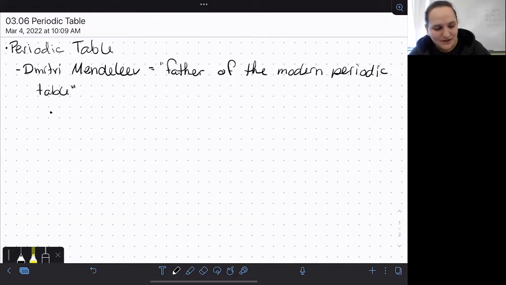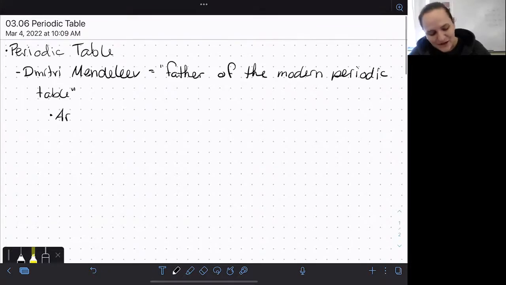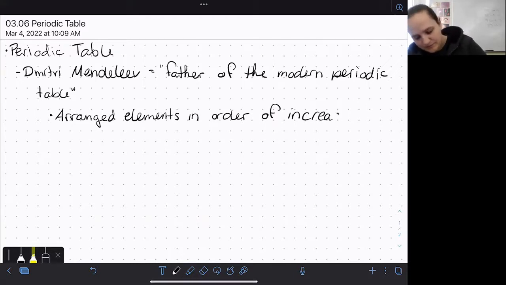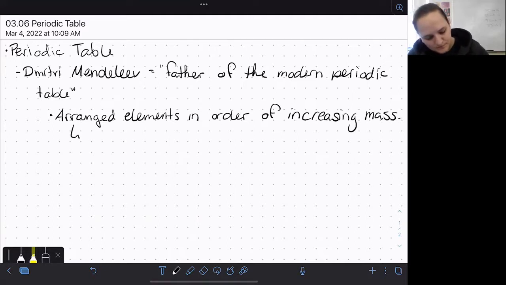So what Dmitry Mendeleev did was he arranged the elements in order of increasing mass, which is not quite how we do it today. Today we use atomic number.